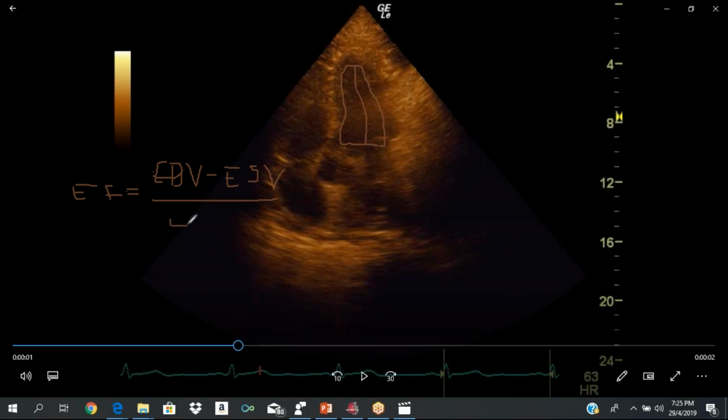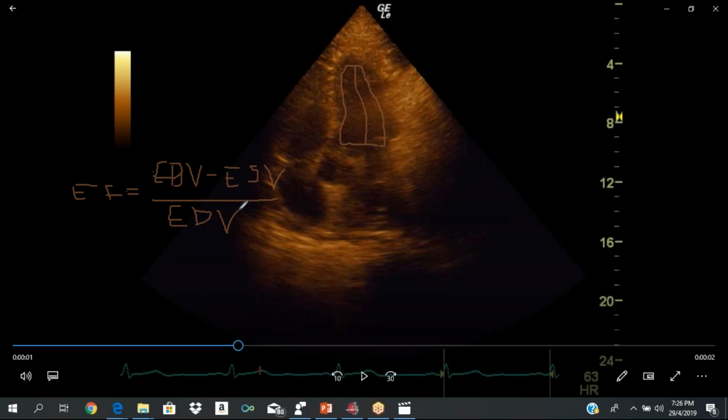That's what the computer does, but if you know the values, you can do it yourself. And so it's about 55 to 70 percent.